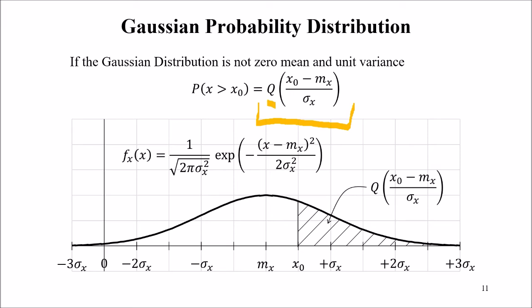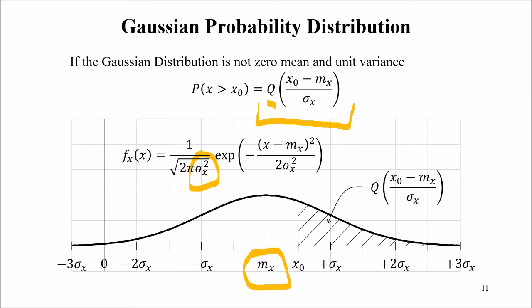Let's say we have a probability density function with some mean value m sub x and some variance sigma x squared, so we can sketch the distribution function.